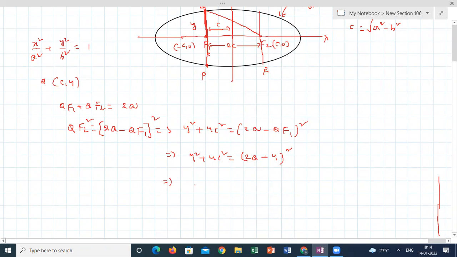Y square plus 4c square equals 4a square plus y square minus 4ay. Y square cancels, and we get ay equal to a square minus c square.